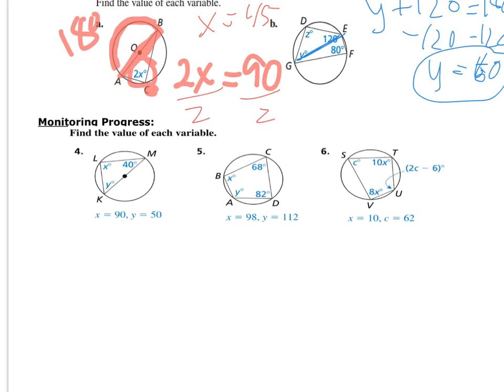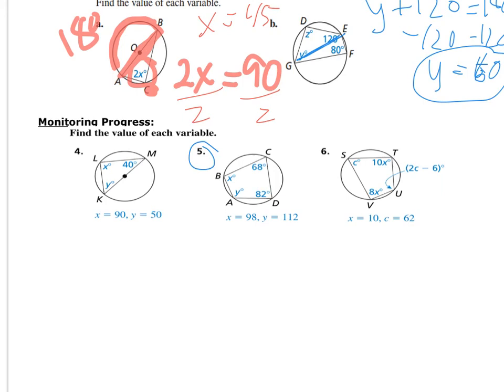I'm going to do just one out of this section. You guys are going to do the other two. I'm going to do number 5. You guys are going to do 4 and 6. When you get finished with 4 and 6, raise your hand and have the substitute look at your answers or help you get unstuck. On number 5, they want us to find x and y.